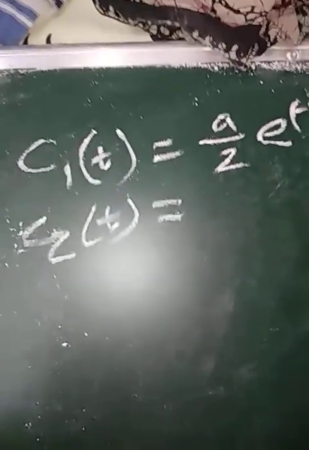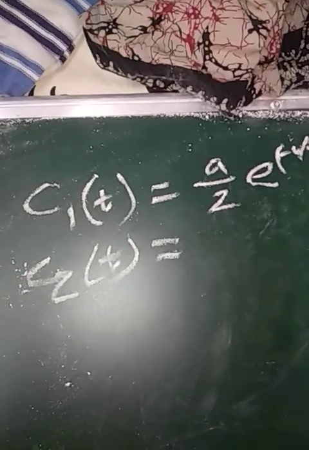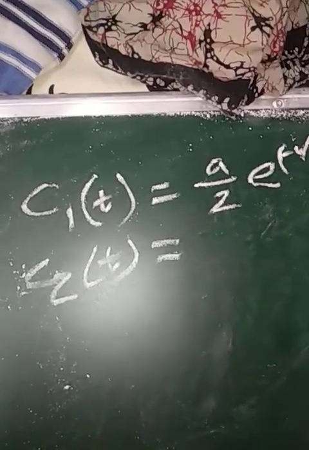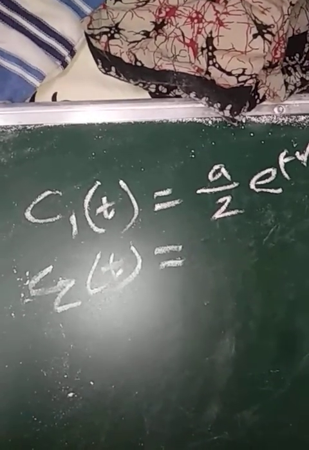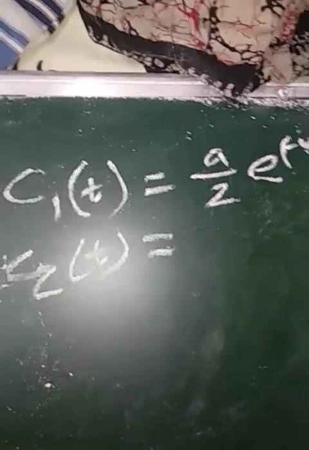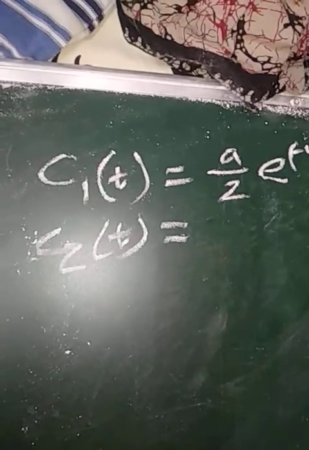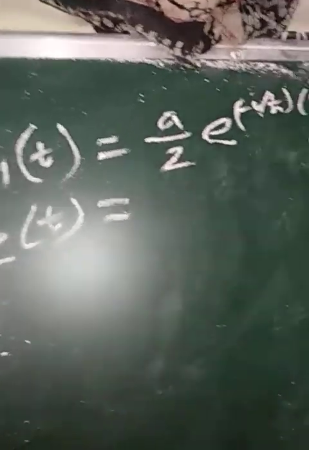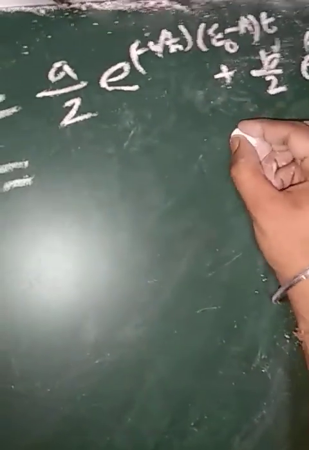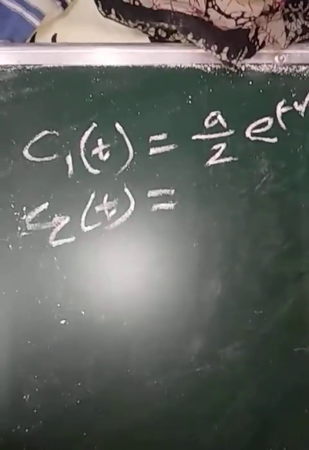That is about C1. Similarly, we have an expression for C2. Now C2 will be the similar thing, but here in place of plus there will be minus, and we will have the solution of the equation.